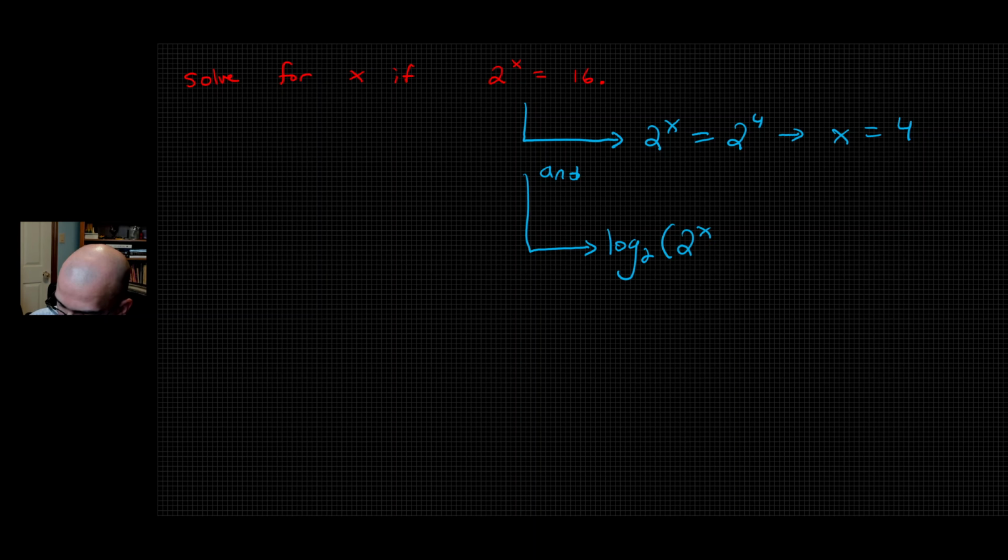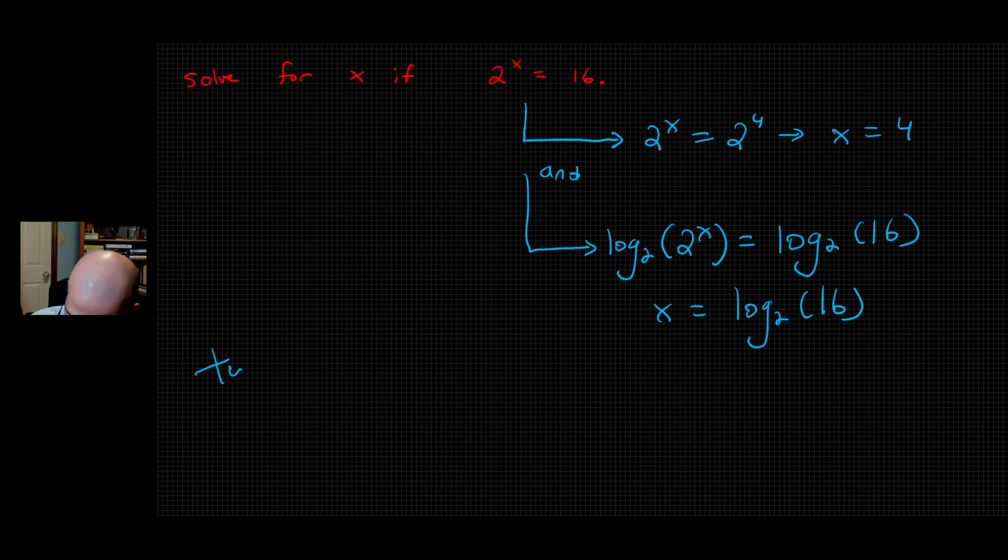Log base 2 of 2 to the x is equal to log base 2 of 16. So x is equal to log base 2 of 16. That would be 2 good answers. And there's more. Ln 16 divided by ln 2.